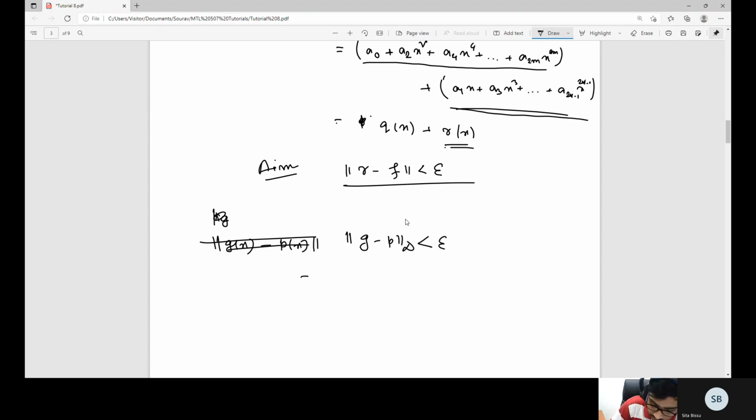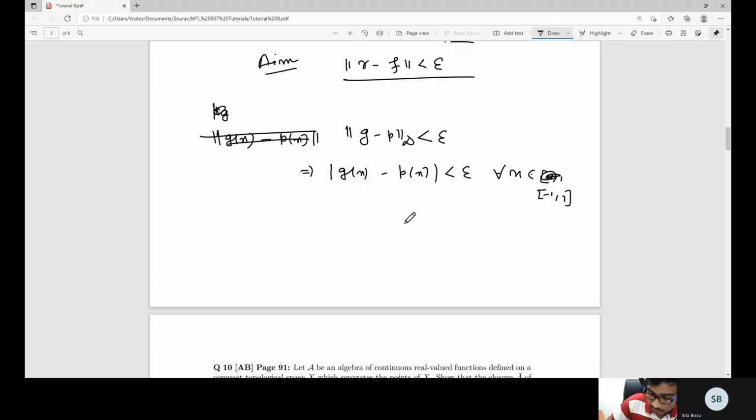So this implies the modulus of g(x) minus P(x) is less than epsilon for all x belonging to minus 1 comma 1, right? This was our hypothesis. Now look at g(x) minus P(x). Now take x from 0 comma 1, right?